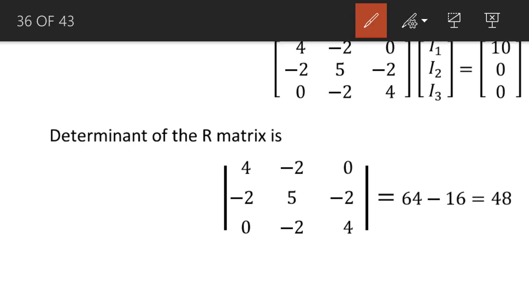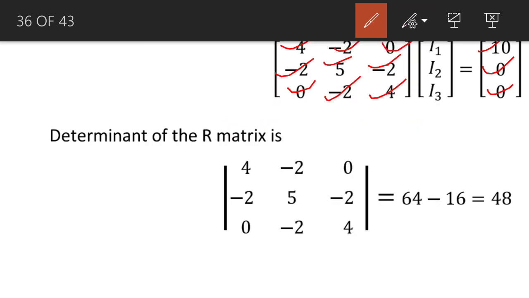You see, R11 is 4, R12 is minus 2, R13 is 0, R21 is minus 2, R22 is 5, R23 is minus 2, R31 is 0, R32 is minus 2, R33 is 4. We shall find out I1 and I2 with the help of Cramer's rule. E1 is 10 volt, E2 is 0, and E3 is 0.